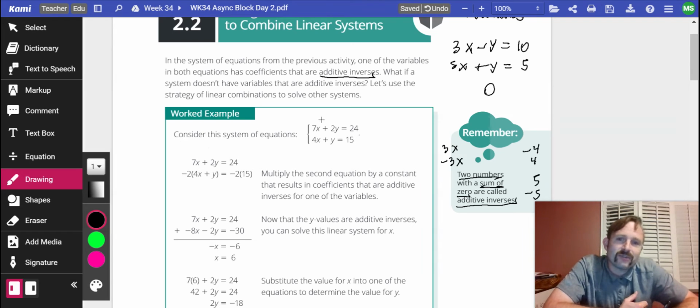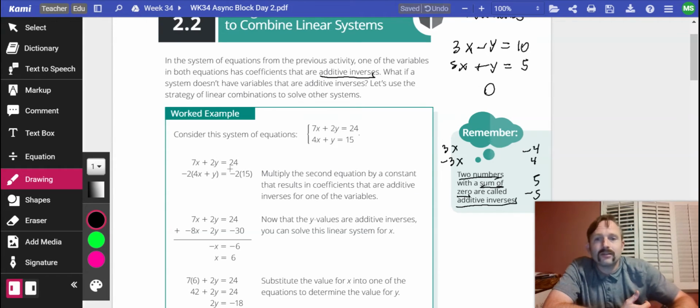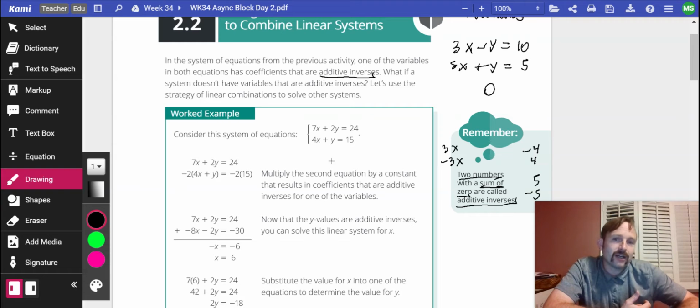All right, let's go back. So consider the system of equations. We have 7x plus 2y is equal to 24, and we have 4x plus y is equal to 15. So what they're going to do is change the bottom one so that it has a negative 2y right here. So we're going to multiply the second equation by a constant that results in coefficients that are additive inverses for one of the variables. Okay, see this 2y?